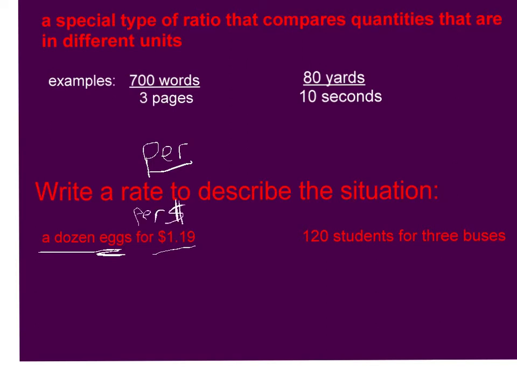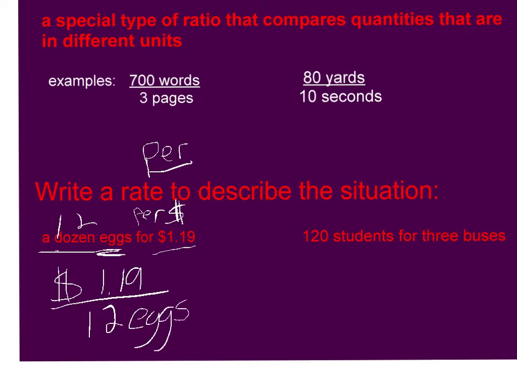Or does it make sense to say dollar first and go like this, $1.19 per, a dozen means 12, per 12 eggs. And I would say this one makes more sense, dollar per eggs. So there's my rate, $1.19 for or per 12 eggs.